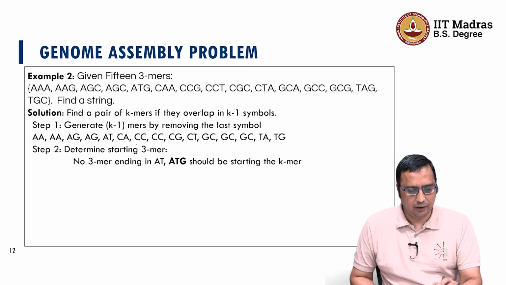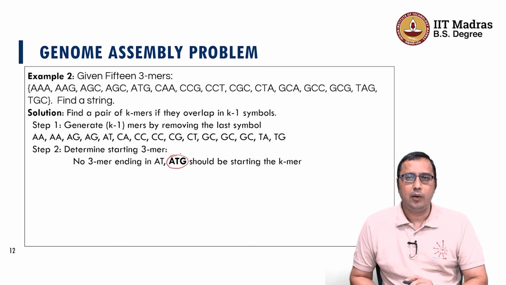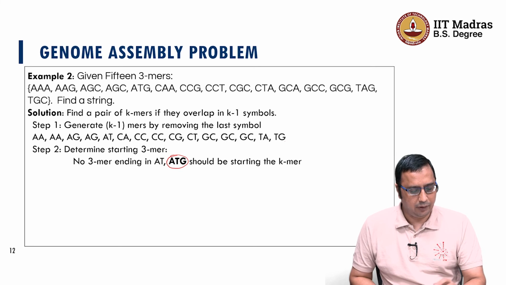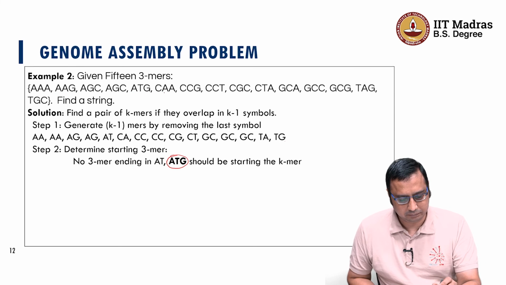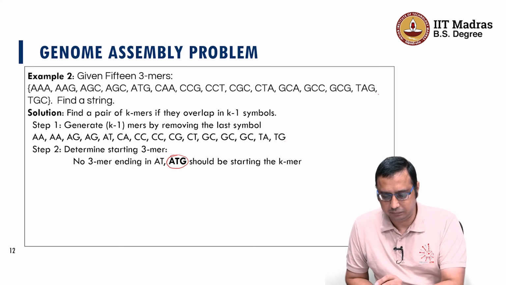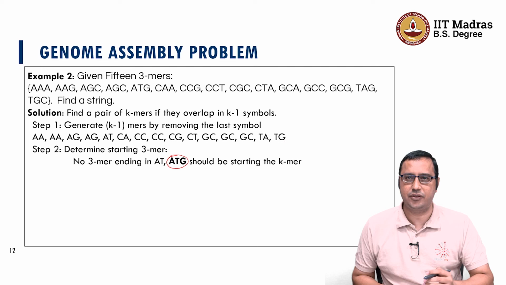If you search that, you will find that ATG is the one which is not ending anywhere. Do you find any three-mers ending in AT? Let's check. No. Correct? So now we can start with ATG as the starting string.